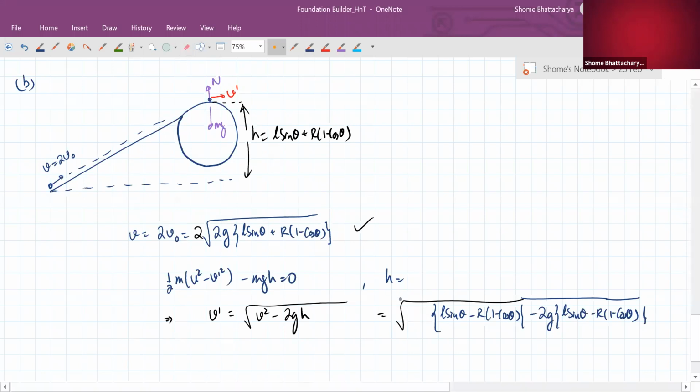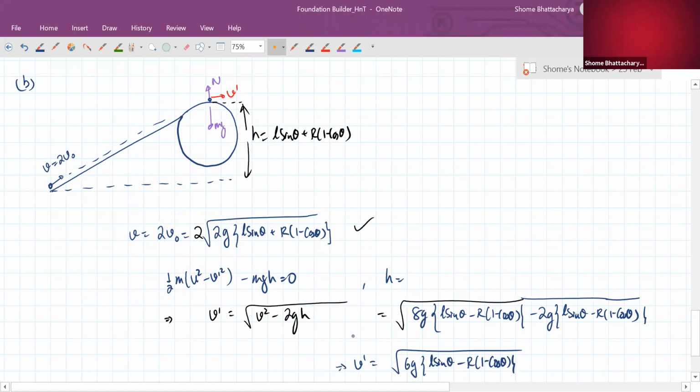So 8 minus 2, that becomes 6g. So v prime, you can see, becomes square root of 6g into L sine theta plus R into 1 minus cos theta. Becomes like this, okay.